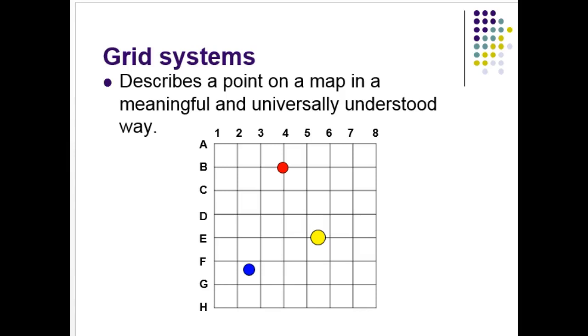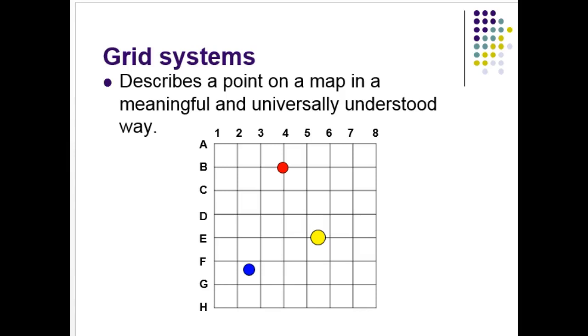You'd probably struggle to describe that dot's location, right? So portraying a point on a map in a universal way is something that cartographers have struggled with for a long time. But no matter what culture we look at, essentially what it comes down to is they create a grid system like the one that you see here.